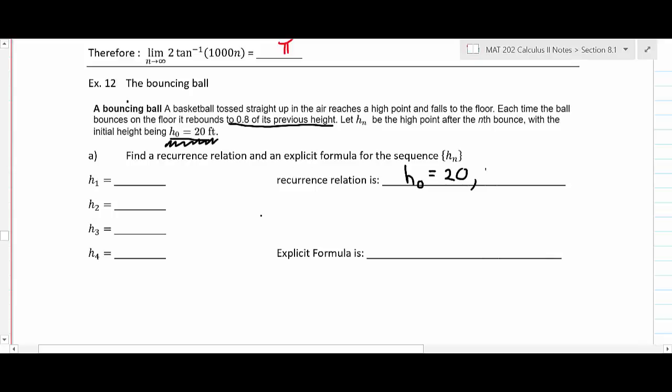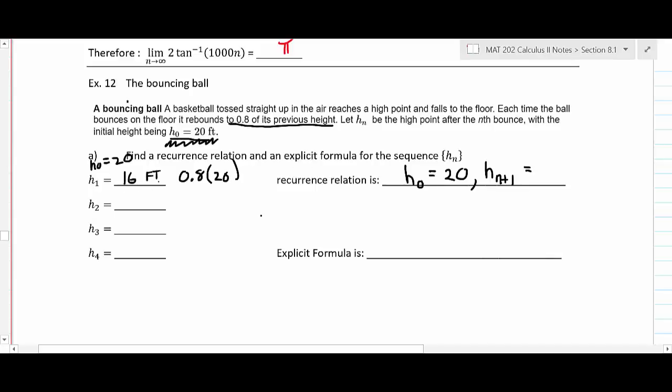Now your job on the recurrence relation is to tell me what h of n plus 1 is. So what are you doing to get the next term? The first term, h naught, is 20. What do you do to get the next term? According to this, you do 0.8 times 20, right? If you did that on a calculator, that would be 16 feet.